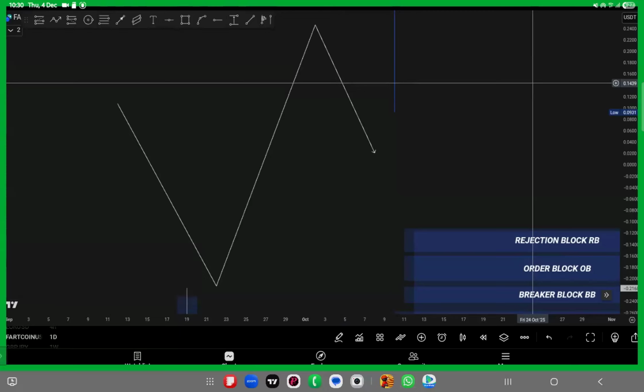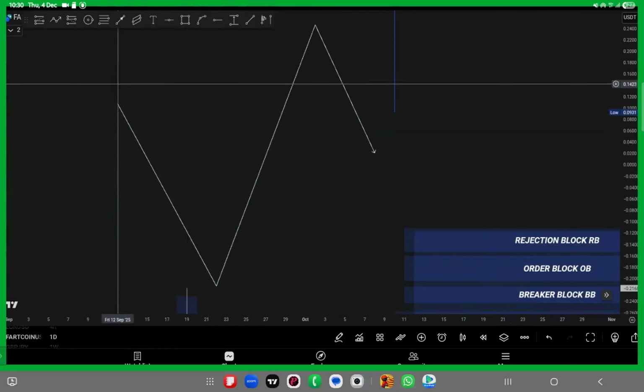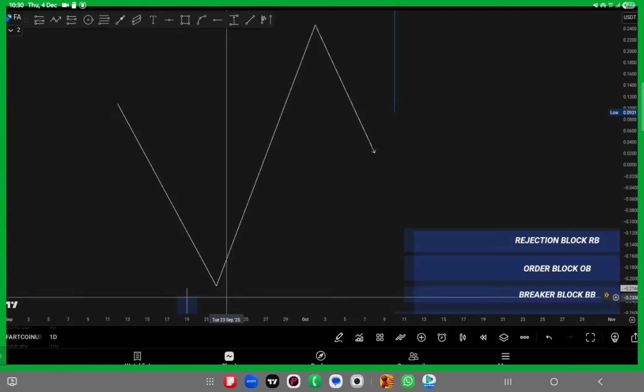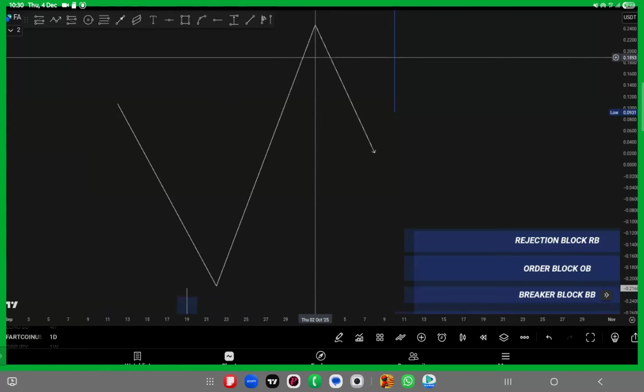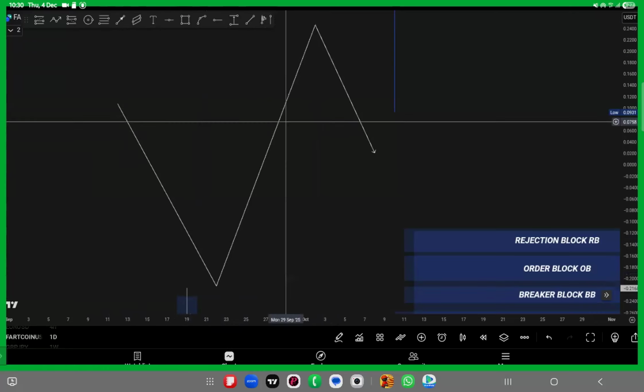Now, the second criteria is that it is the last candle of the opposite trend. Take for instance, how the market gave us this particular low. Market was in a downtrend before pushing to give us an uptrend. Downtrend, uptrend.